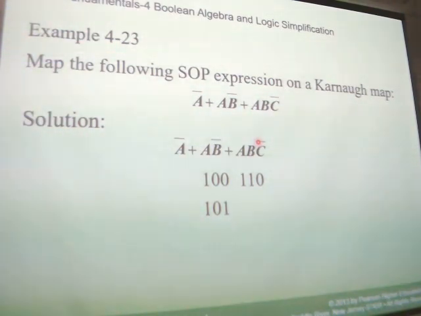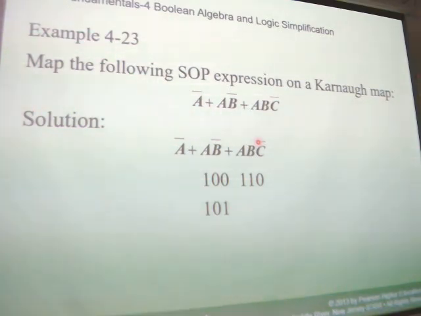So the expansion of this term is A bar B bar C bar plus A bar B bar C plus A bar B C bar plus A bar B C. Right? So there are four product terms.